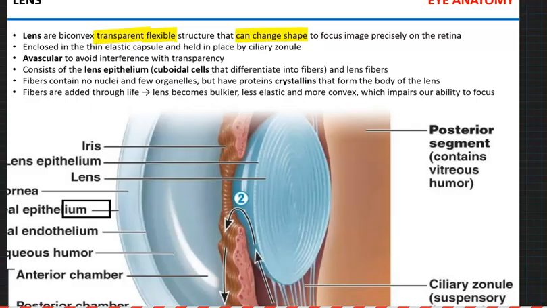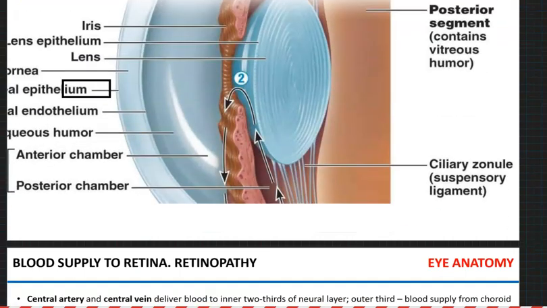Lens are suspended by ciliary zonules, the ligaments. They do not have blood vessels, otherwise you would see them, but they receive nutrients and oxygen from the aqueous humor, okay?